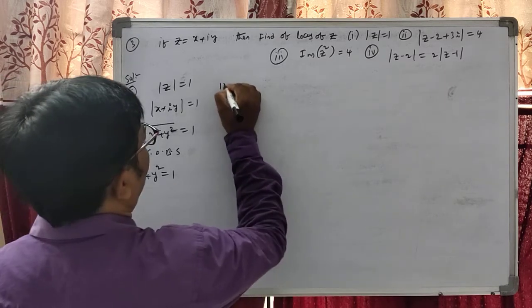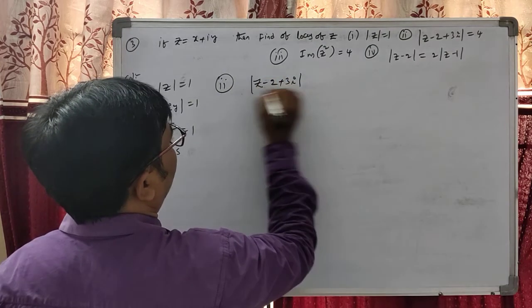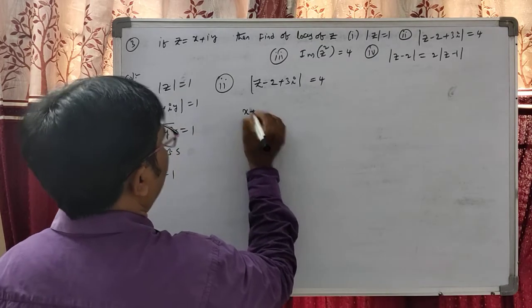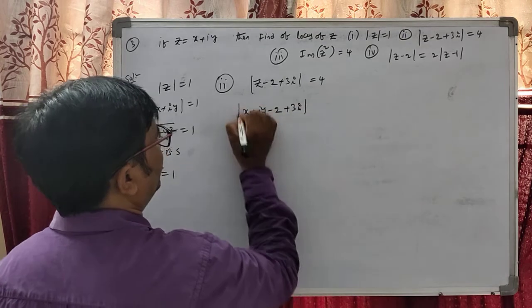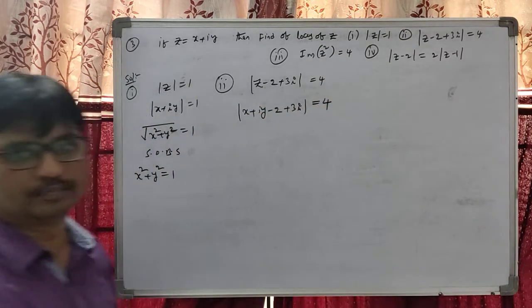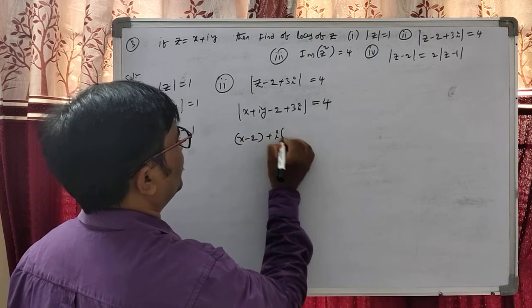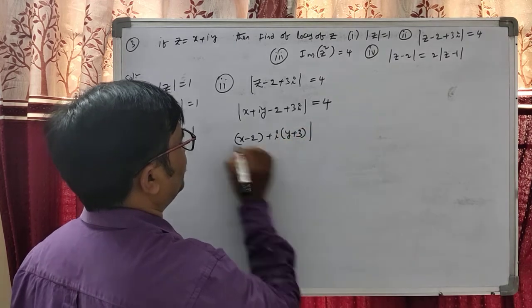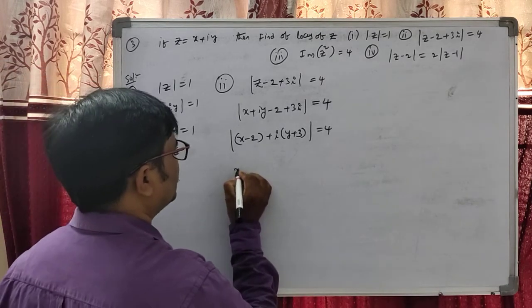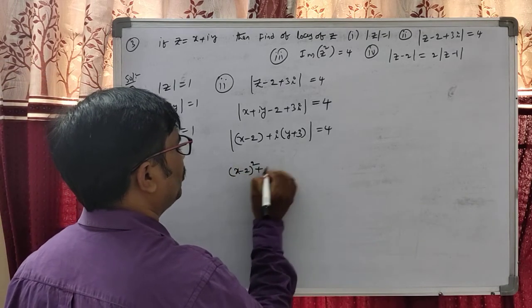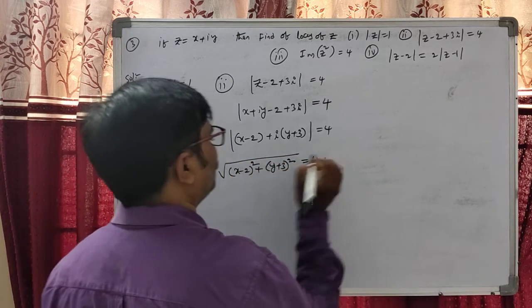Now the second one, students: it is given that mod of z minus 2 plus 3i equal to 4. Z is x plus iy, so mod of x plus iy minus 2 plus 3i equals 4. The real part is x minus 2 and the imaginary part is y plus 3. Now this is the square root of x minus 2 whole square plus y plus 3 whole square equal to 4.